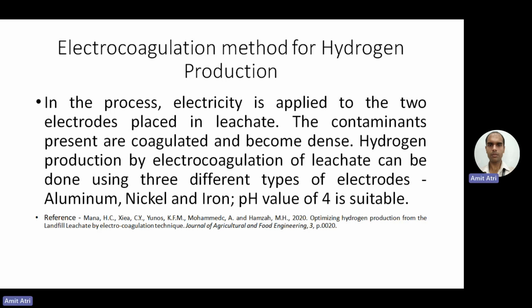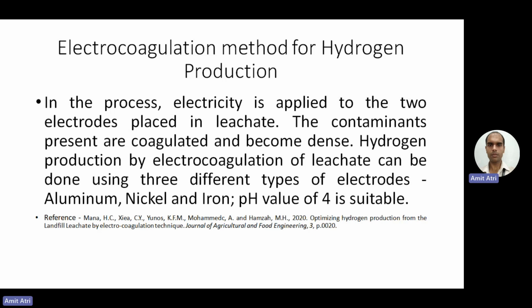In this process, because leachate is a liquid, two electrodes are placed in the leachate and electricity is applied to the two electrodes. The contaminants present in the leachate are coagulated and they become dense. Then the electrodes evolve hydrogen.